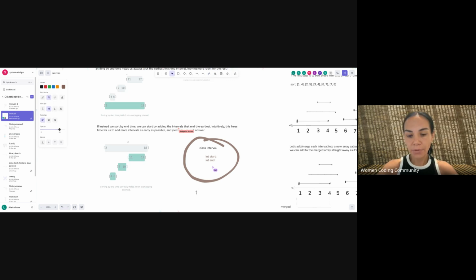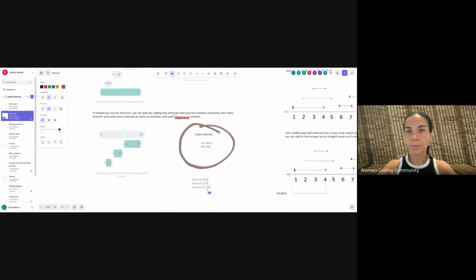Now that we have these objects, for example, 4, 6, this is our first object, this is our second object, and this is, for example, 2 and 18, the third object, right?